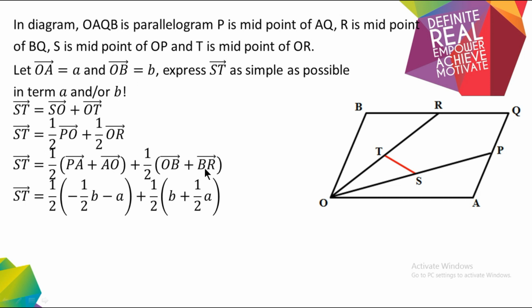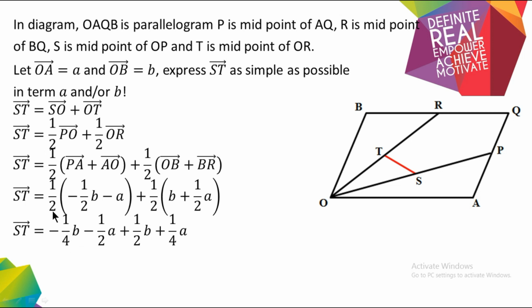And then vector BR, this is vector BR. Vector BR is a half of vector BQ. Vector BQ is equal to vector OA. That means a half of BQ equals a half of OA, a half of a. Now you multiply a half to all of this. A half times negative a half of b equals negative a quarter of b.